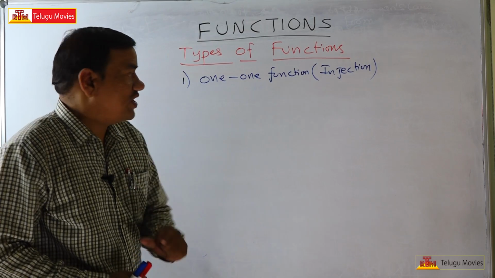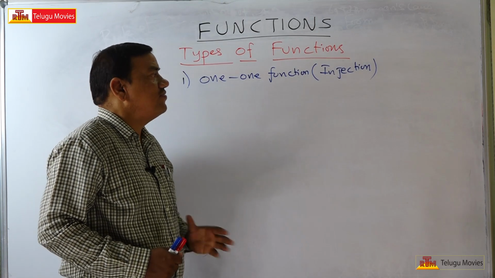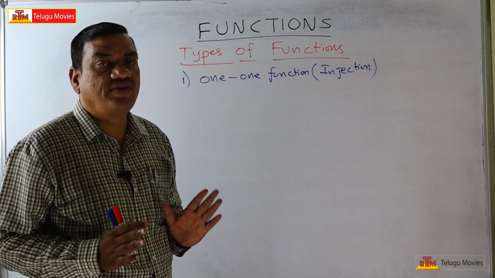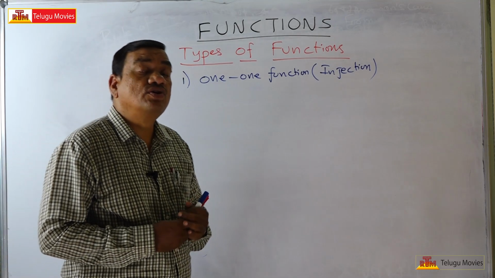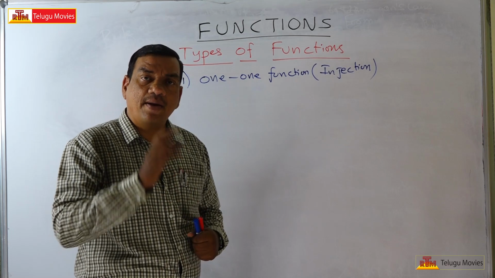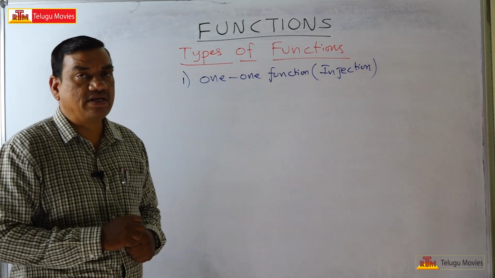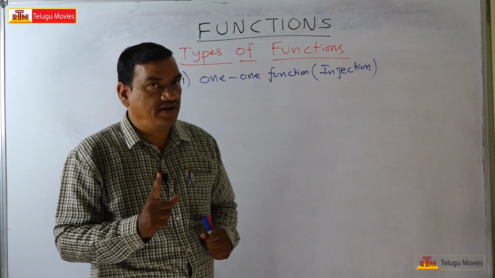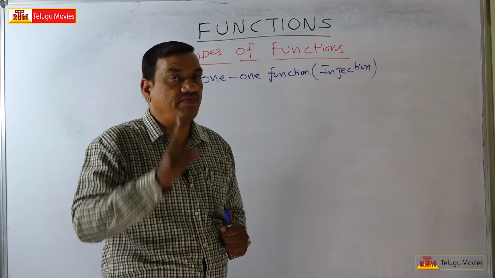Let us see the first function, that is the one-one function. It is very clear. Generally, where do we observe this type of function? For example, if you are traveling in a bus, every passenger will be given one ticket.